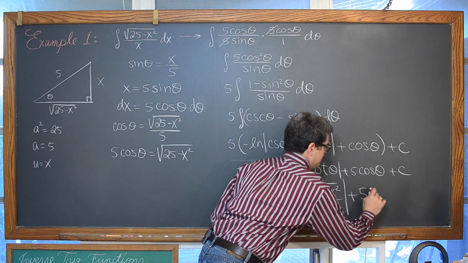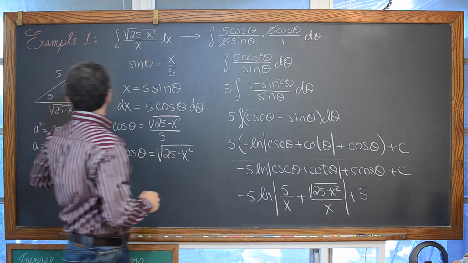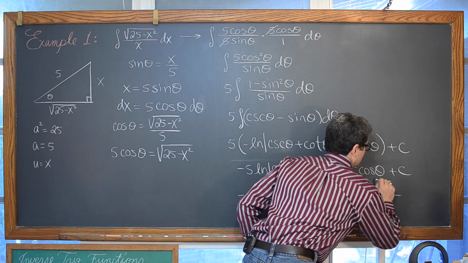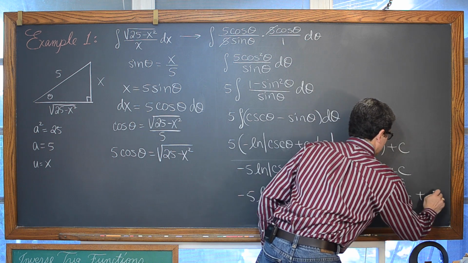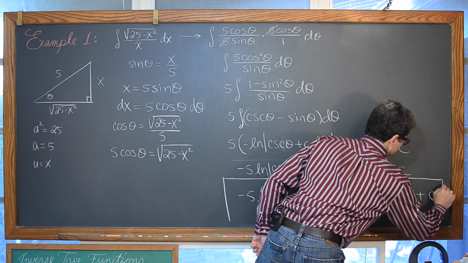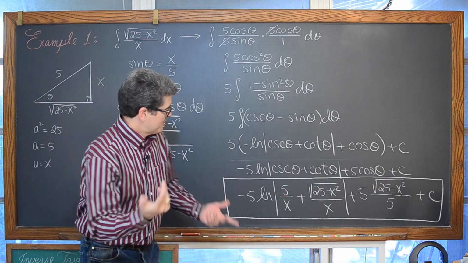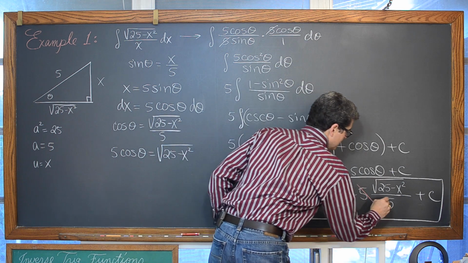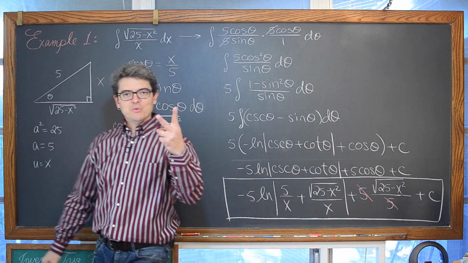Plus 5 times the cosine of theta, which is going to be adjacent over hypotenuse. Plus c. Other than canceling out those common factors of 5, now we are ready for example number 2. Bang!